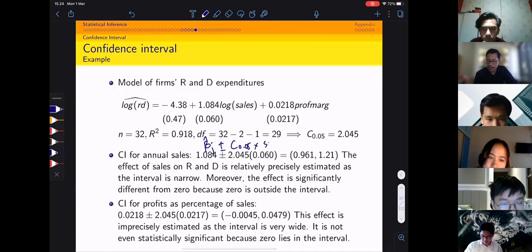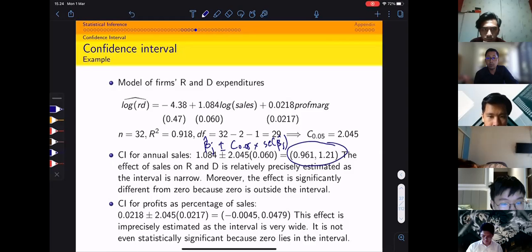And the standard error is just 0.060. So the estimated confidence interval is between 0.961 and 1.21. The question is: is 0 included in the interval? Yes or no?